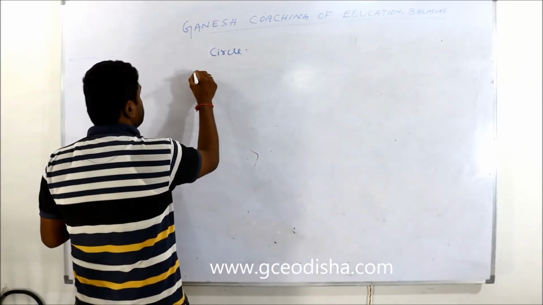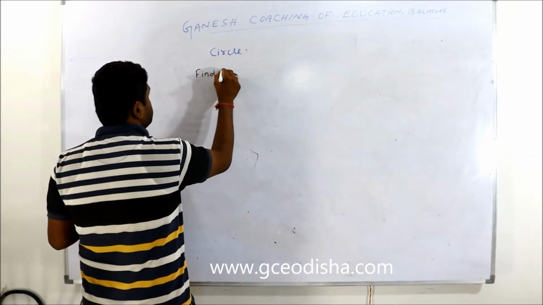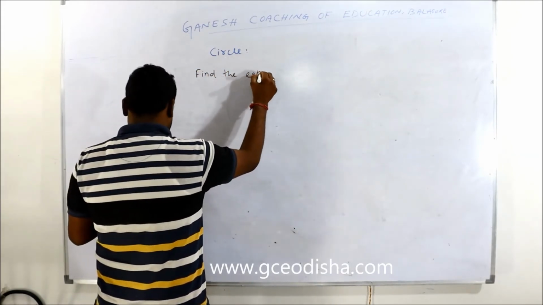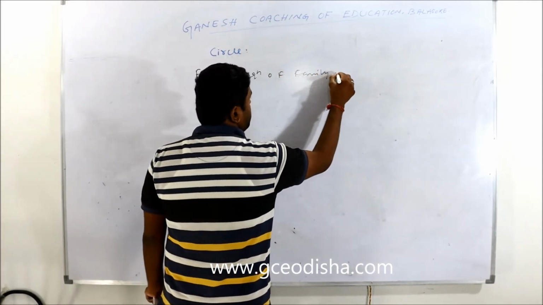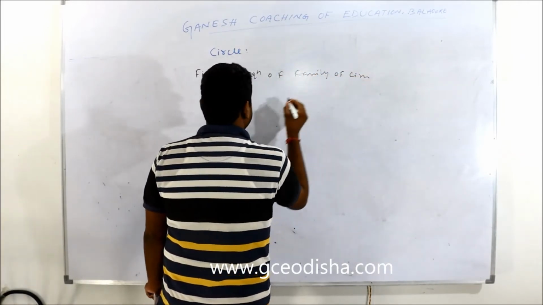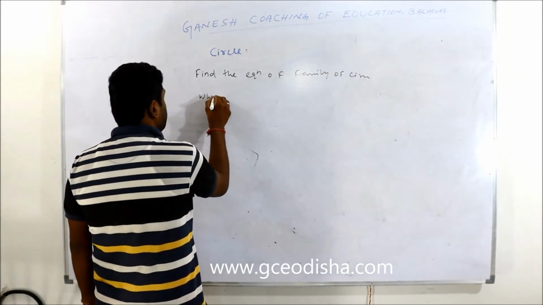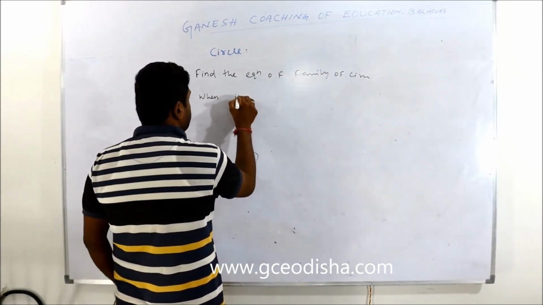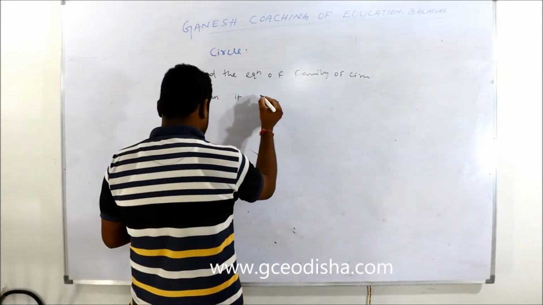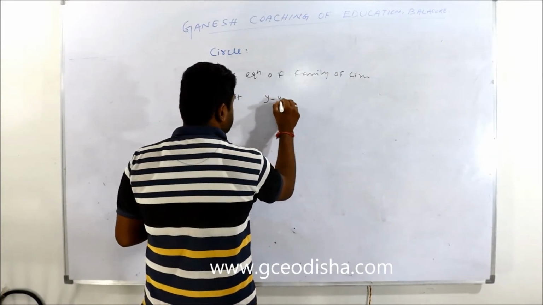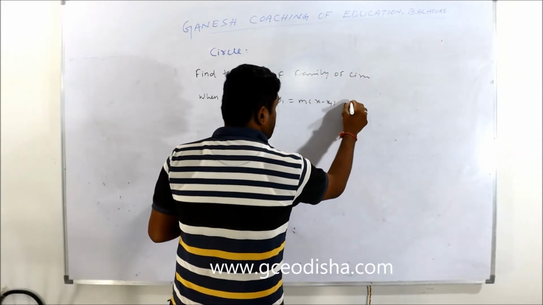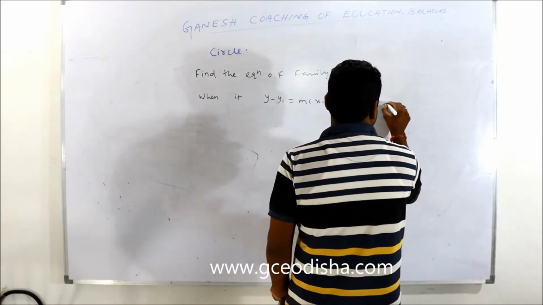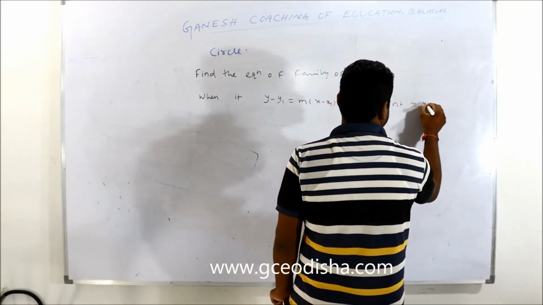Another thing is there, find the equation of the family of circles when it interacts with a line, like some line, y minus y1 is equal to m into x minus x1, at a point x1, y1.